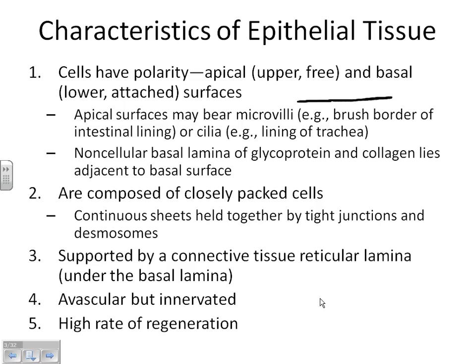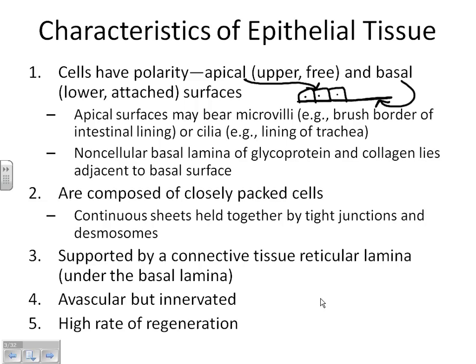That's the deep area. And then on top of that basement membrane, you will see cells sitting on top of each other, sitting on top of that basement membrane. Okay? We call the top the apical surface, and we call the bottom the basal surface.